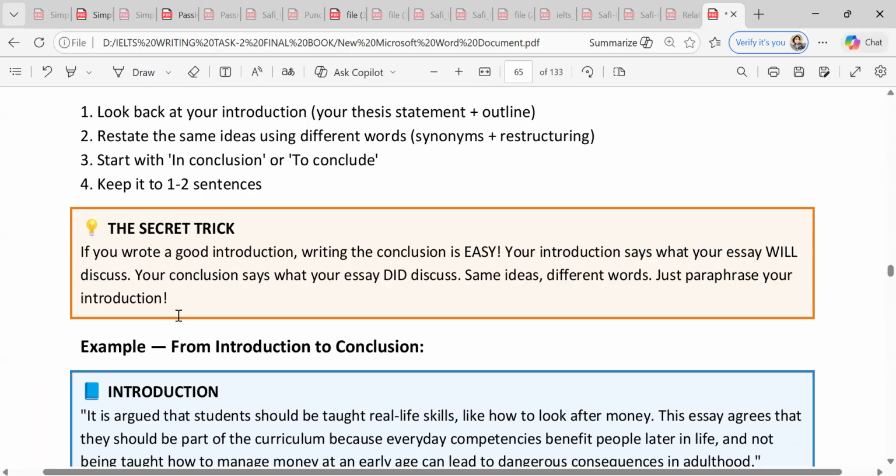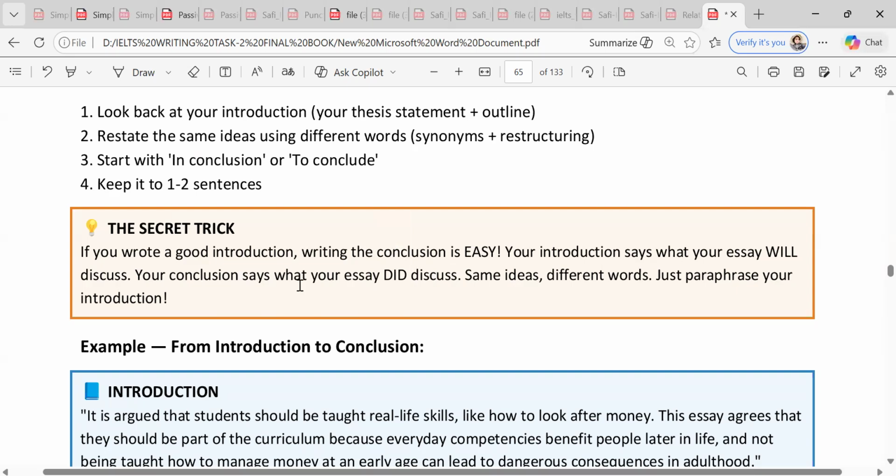And your conclusion says what your essay did discuss. Same ideas, but different words.